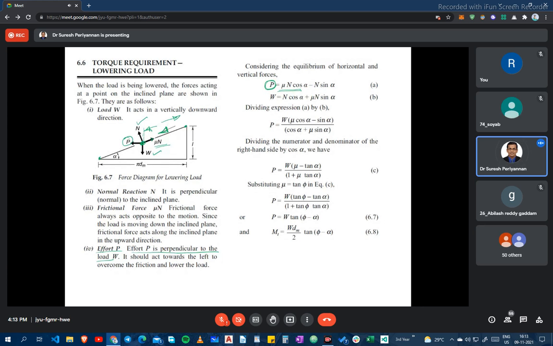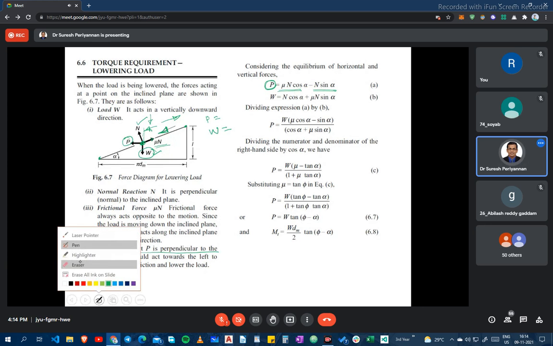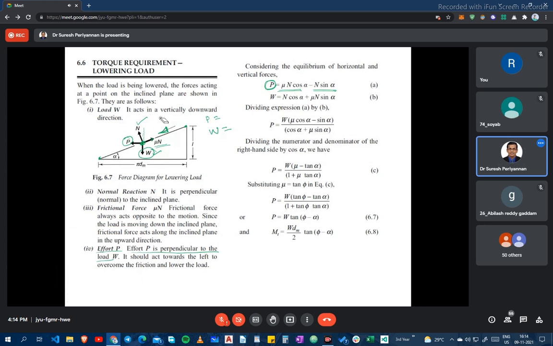Now, considering the vertical load, W is equal to, applying the earlier concept, n cos alpha, which is in the upward direction.